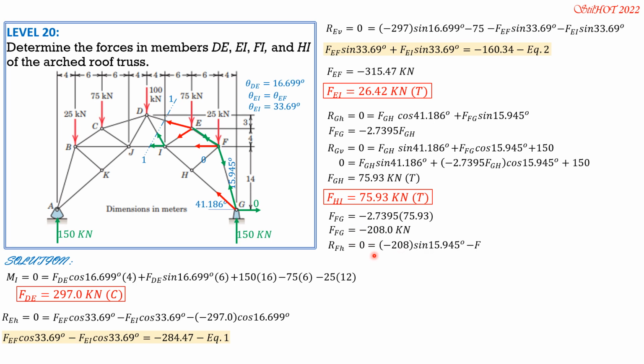So equals negative 208 sine of 15.945, the horizontal component of FFG, minus FFI to the left, then minus FEF, so minus negative 315.47 cosine of 33.69, the angle that EF makes with the horizontal. So that's it. We can now solve FFI. So FFI is equal to 205.3 kilonewtons. It is positive, so it is tension. So that's it.